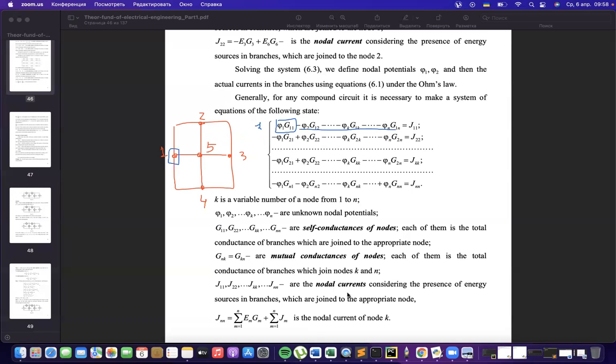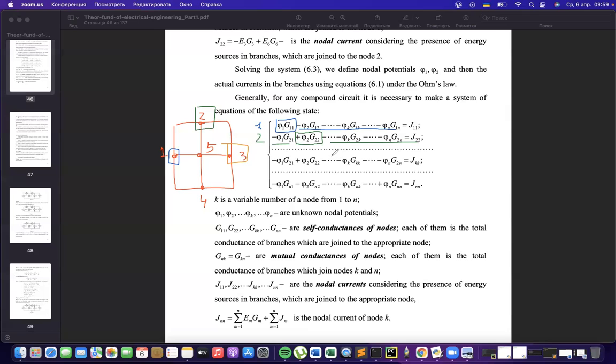Then we move to the second equation, for the second potential. This value will also be with plus, and all others should be with minus. It is the general mathematical idea of this method. And so on and so on.